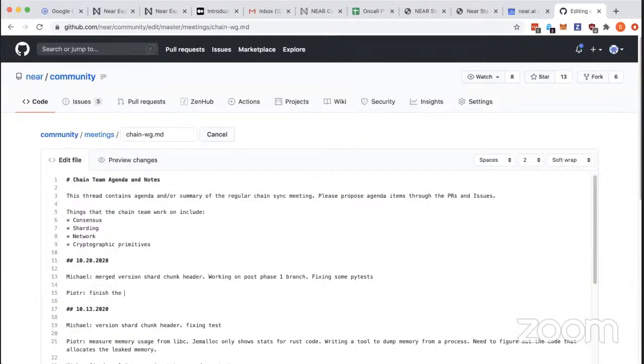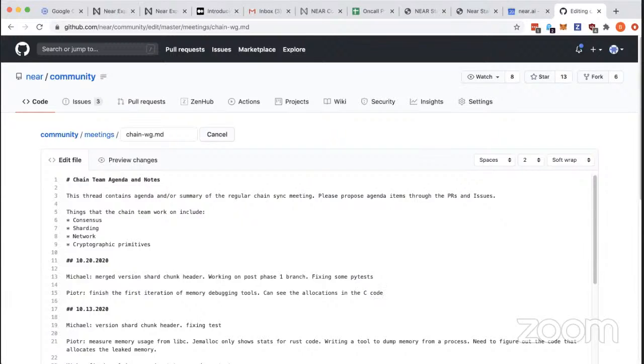I wrote a proxy allocator for Rust and also for C. This allows me to annotate all the allocations that happen in the C code and include the stack trace. I also wrote my own custom tool, which allows me to dump the memory of a process and then compare it and see exactly where the memory leak is happening.